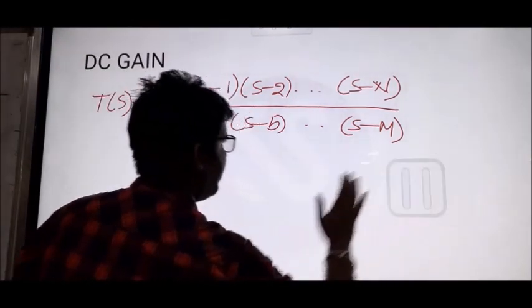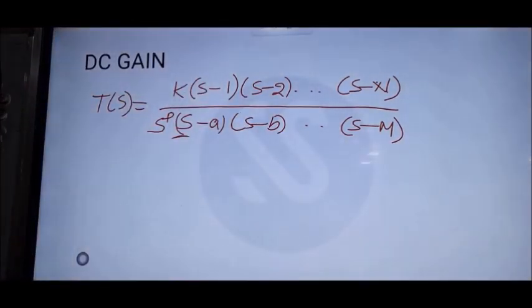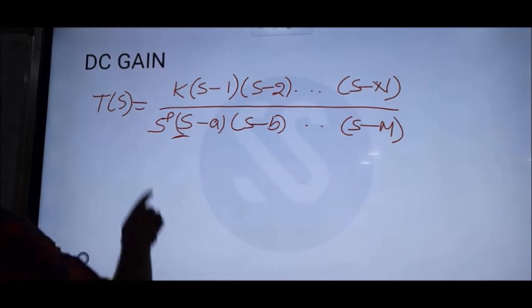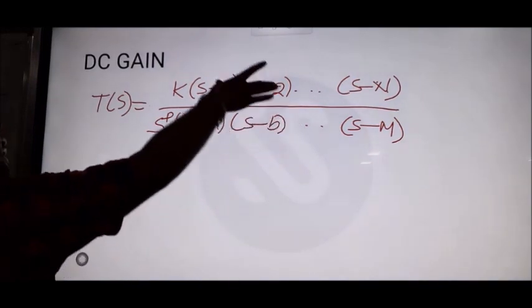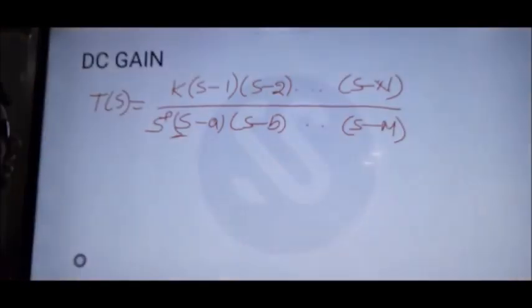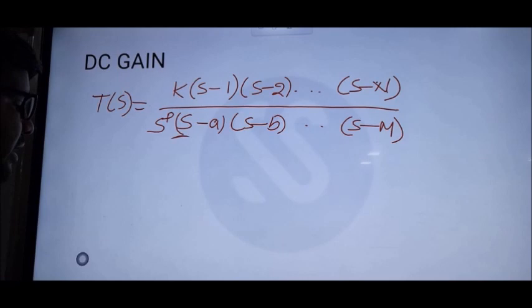Because I told you, when you put s equal to 0, you get the DC gain. But in this equation, if you put s equal to 0, the denominator becomes 0, and something divided by 0 becomes infinite, so the DC gain becomes infinite. That is wrong.